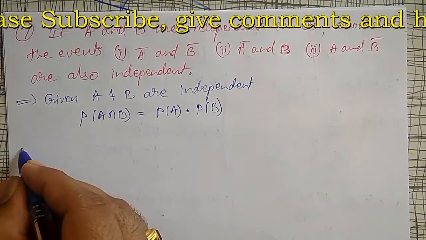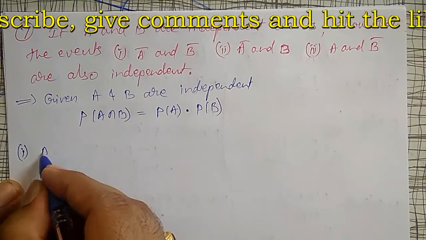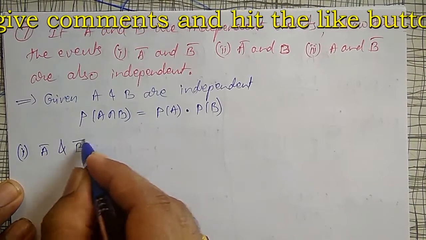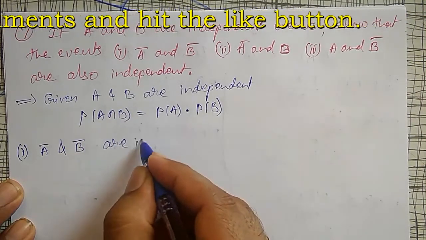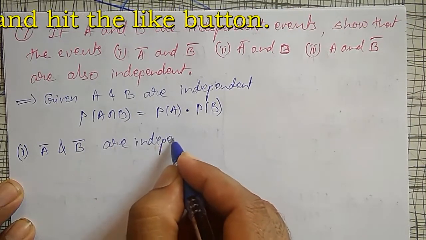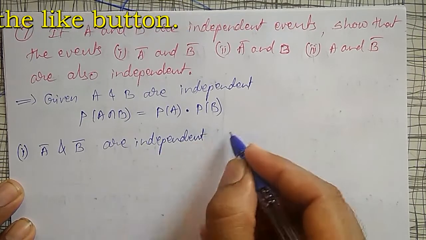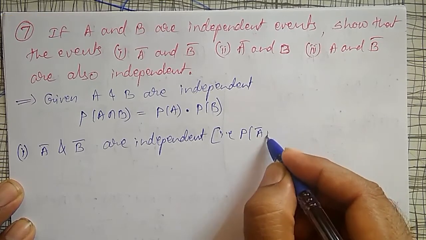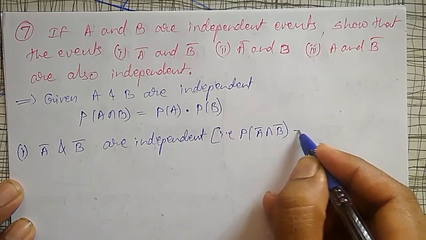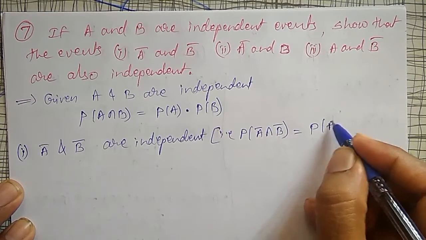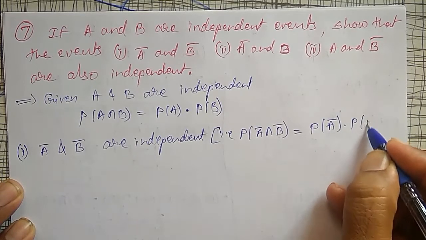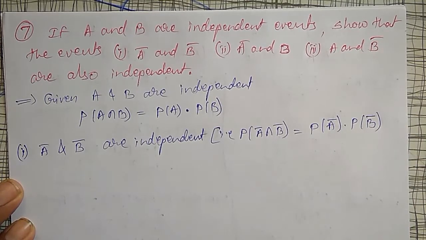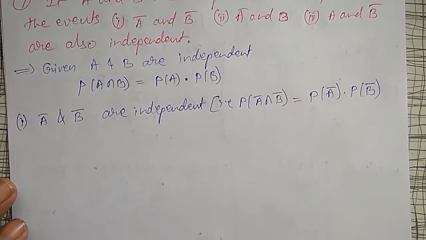Therefore the first one I have to prove: A bar and B bar are independent. That means I have to prove probability of A bar intersection B bar is equal to probability of A bar into probability of B bar. I will use set theory also for this.